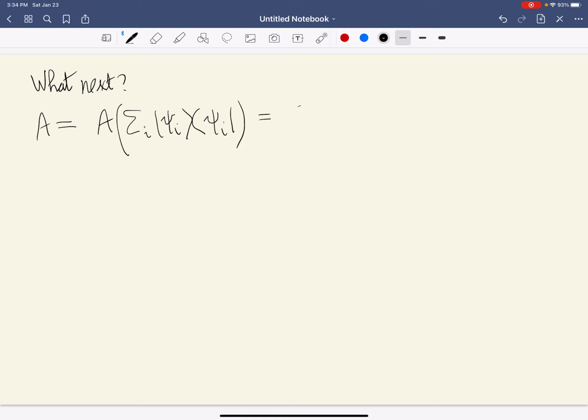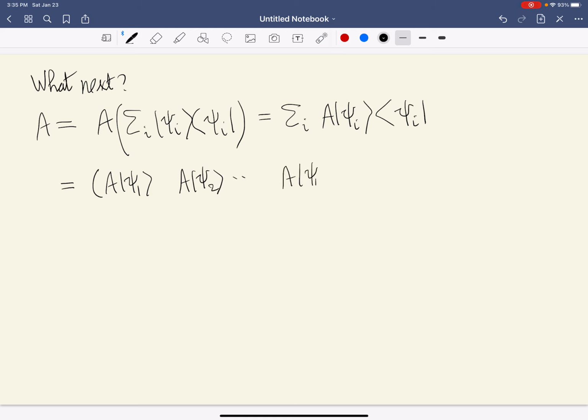And you can put this in this form, the sum over i of A psi i, psi i dagger. And then you can also put this into this form: A psi 1, A psi 2, etc., all the way up to A psi n.